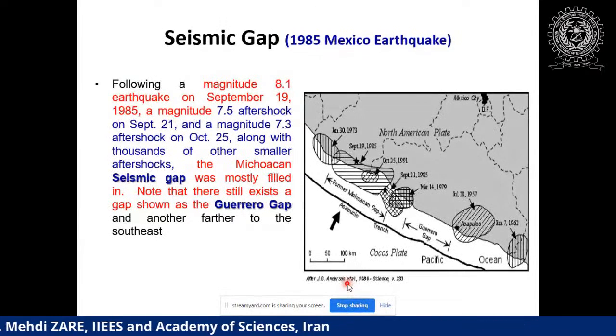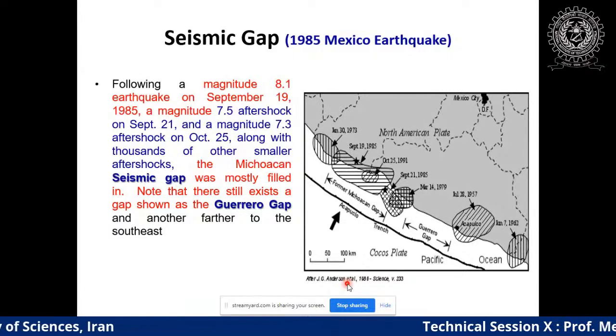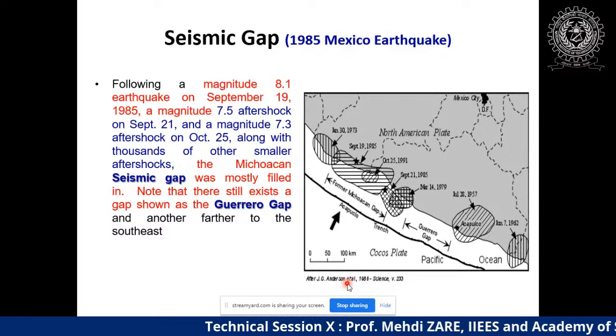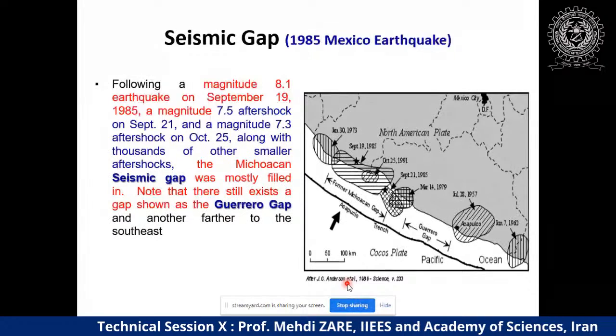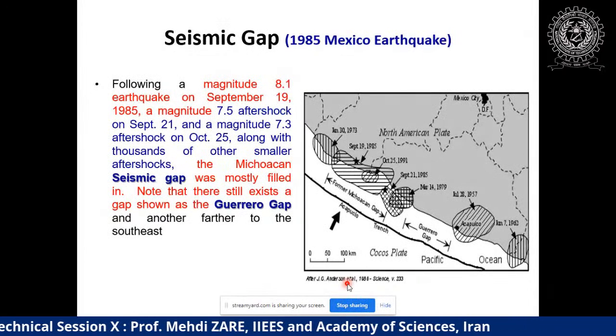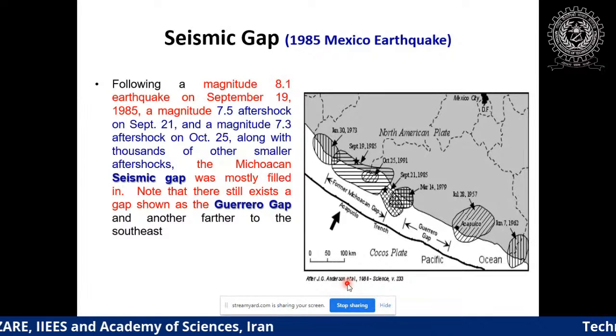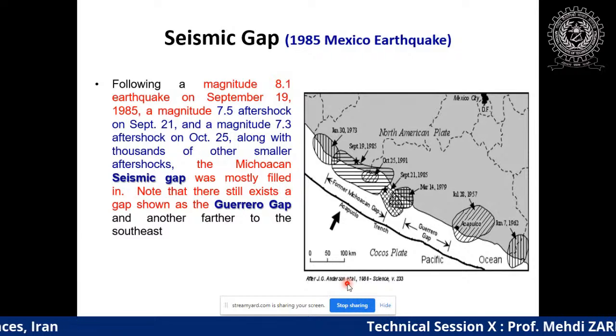Therefore, we may speak about coverage of the Michoacan seismic gap because of these events, but there still exists a Guerrero gap further toward the southeast of the Michoacan gap.